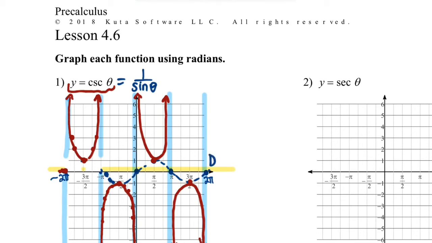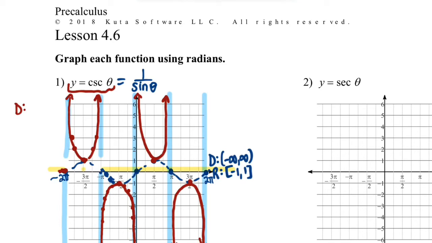So the domain for your sine curve is negative infinity to positive infinity. Your range goes from -1 to +1. That's for the blue curve, which is your sine curve. For the cosecant curve, the domain is a little bit different. The domain is all real numbers except for your pi values.